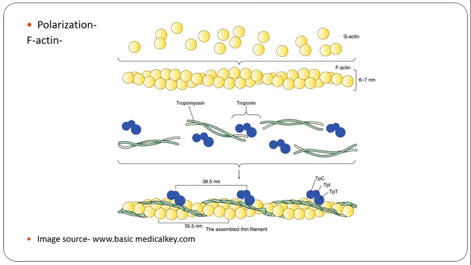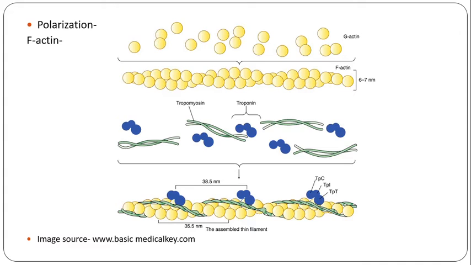See in this diagram, G actin is the monomeric form, and when it polymerizes it forms F actin.